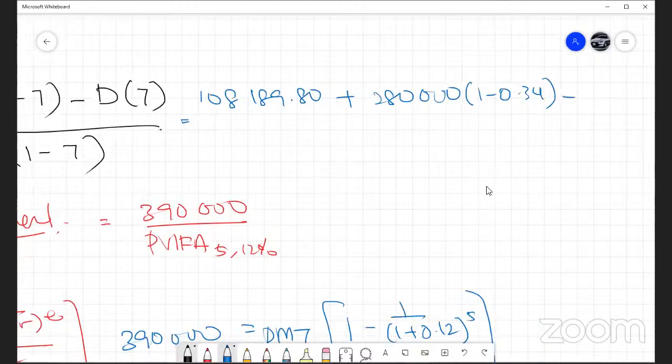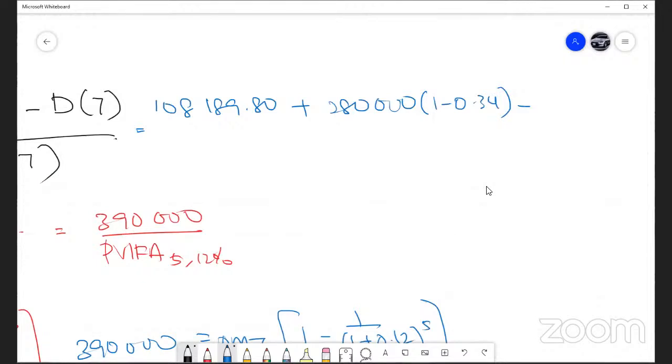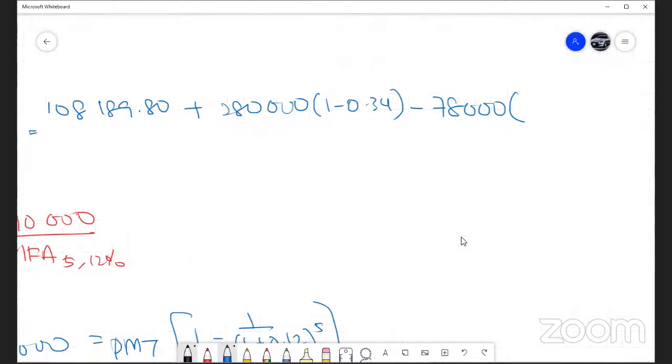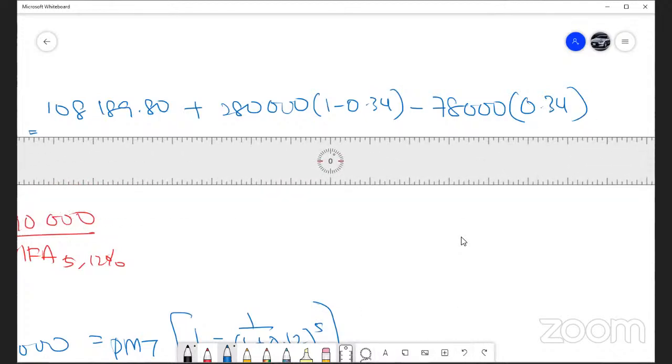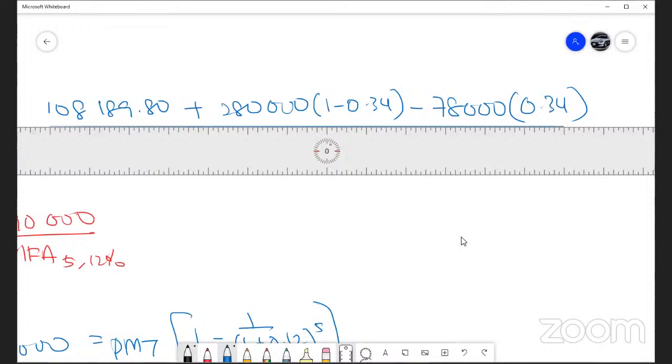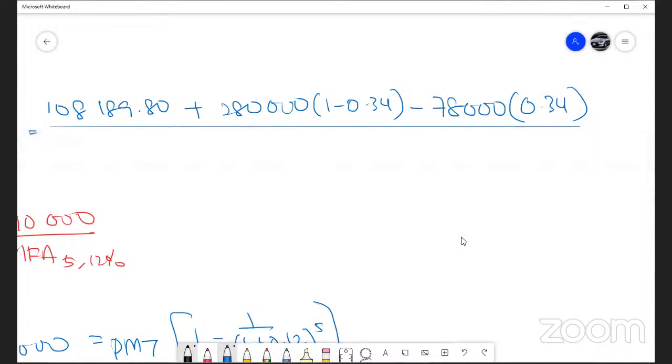We calculated just now, 390,000 divided by 5 is $78,000, multiplied by your tax 0.34. Divided by the price. Selling price just now we got is 25, variable cost 11, times 1 minus 0.34 again.